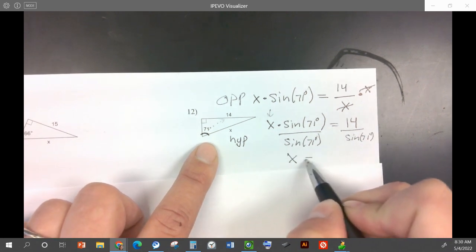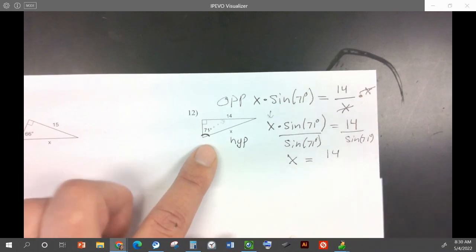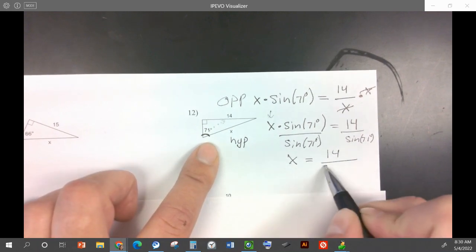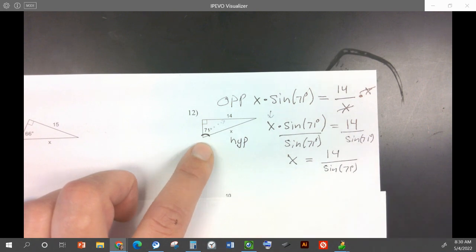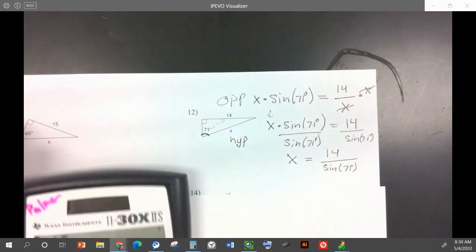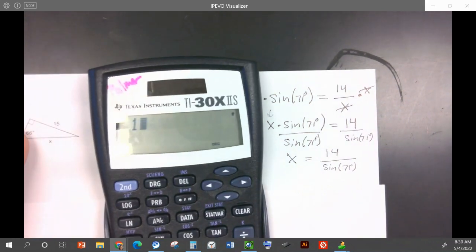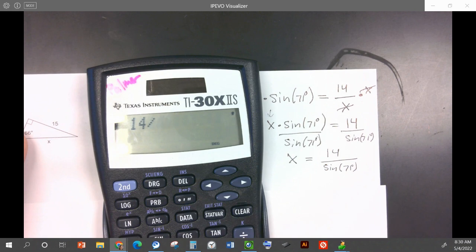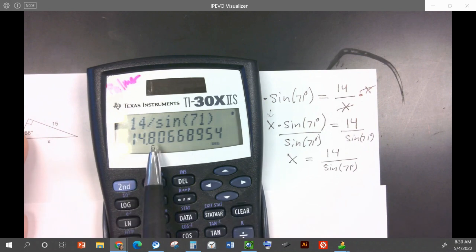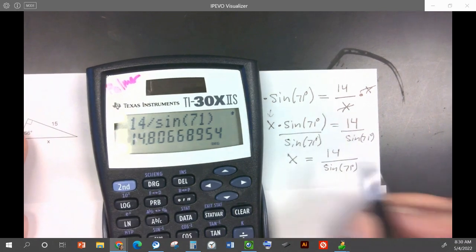So x will equal 14 divided by the sine of 71. So then I've got 14.8. The hundredths is a 0, so we can just round down to 14.8.